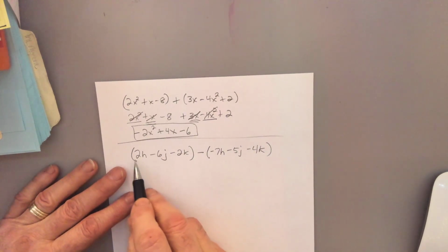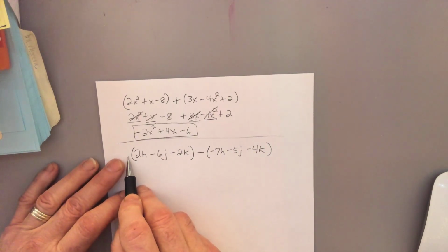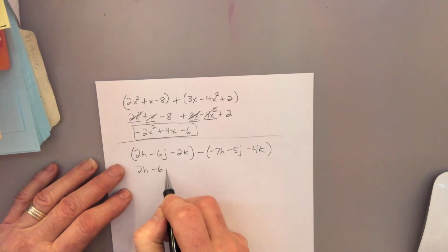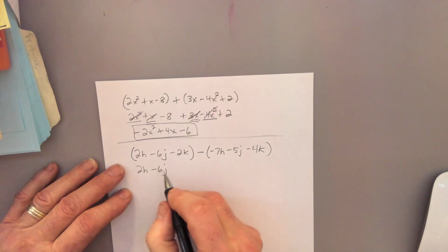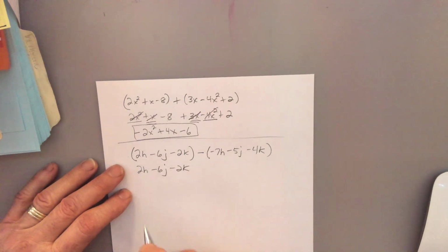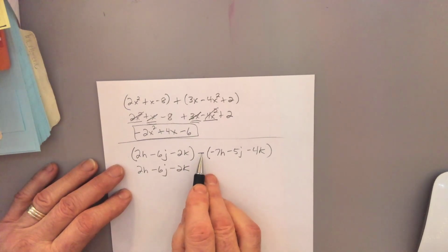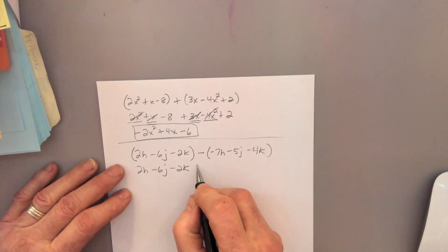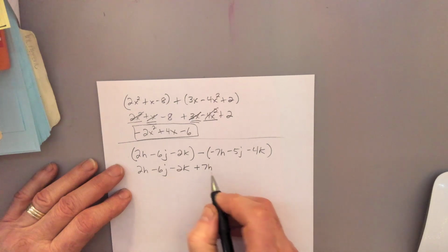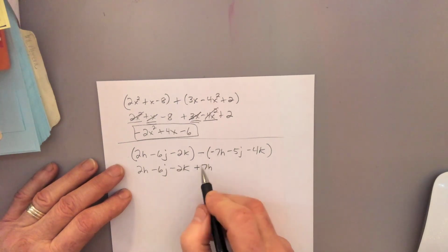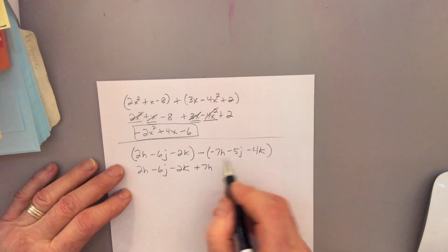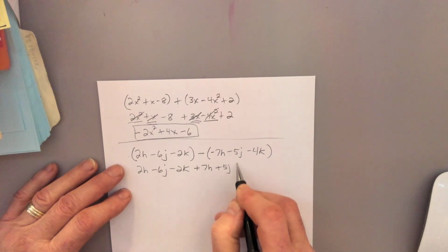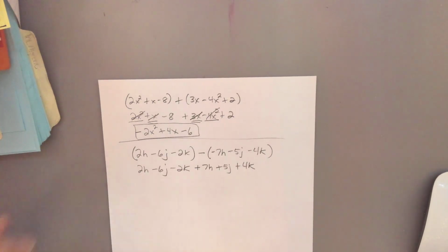So again, out in front of this is a positive, so we just drop the parenthesis. 2h minus 6j minus 2k. Don't change anything in there. Because there's a minus out in front of this, I just change all of these signs. So this becomes a plus 7h, or you can think of it as a negative times a negative is a positive. I just change all the signs. This becomes a plus 5j and plus 4k.